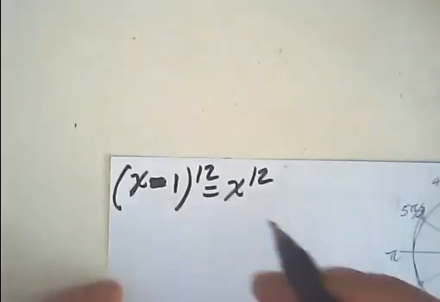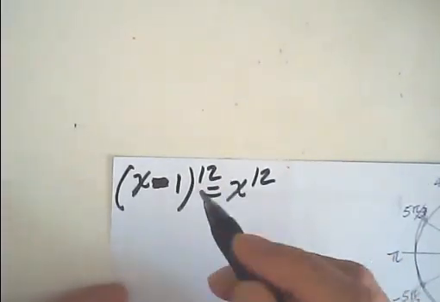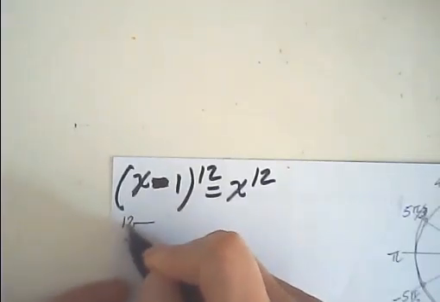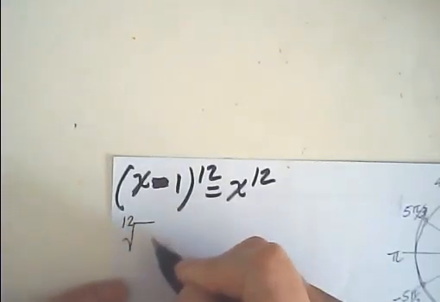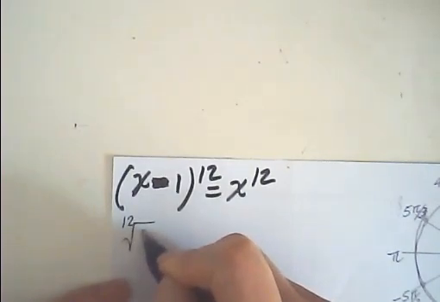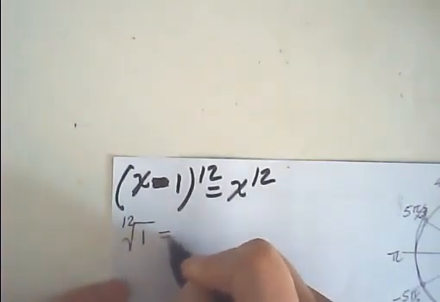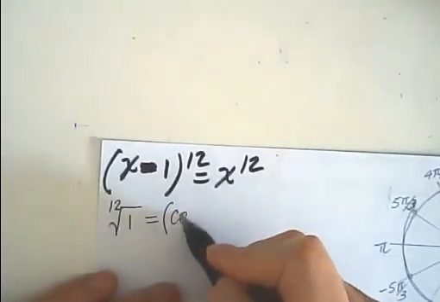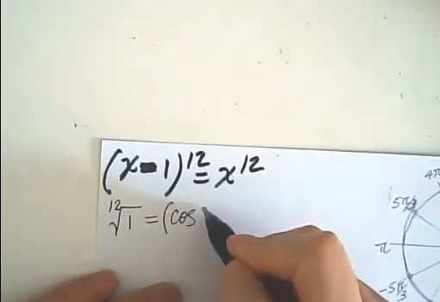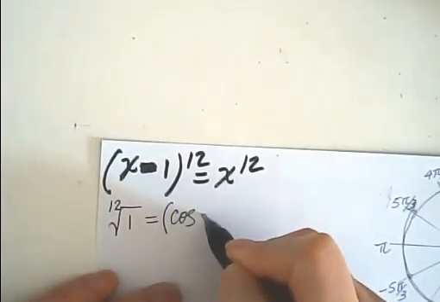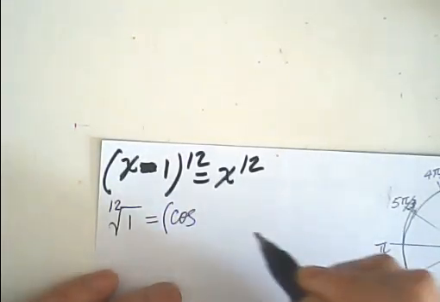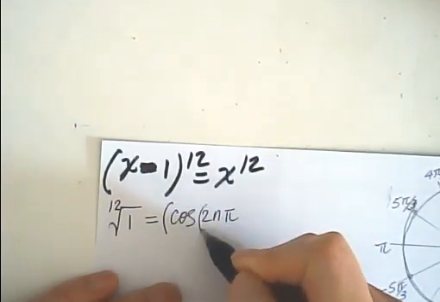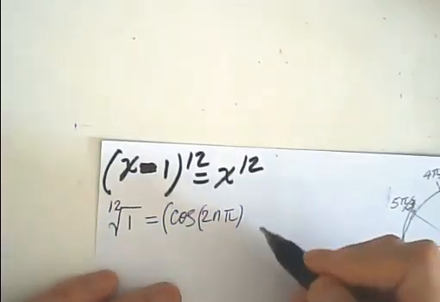Well, I know that the 12th root of unity is equal to cosine 2n pi over 12, which means 0.